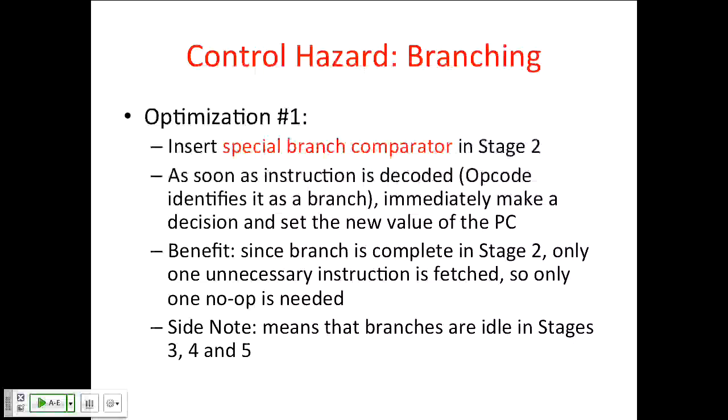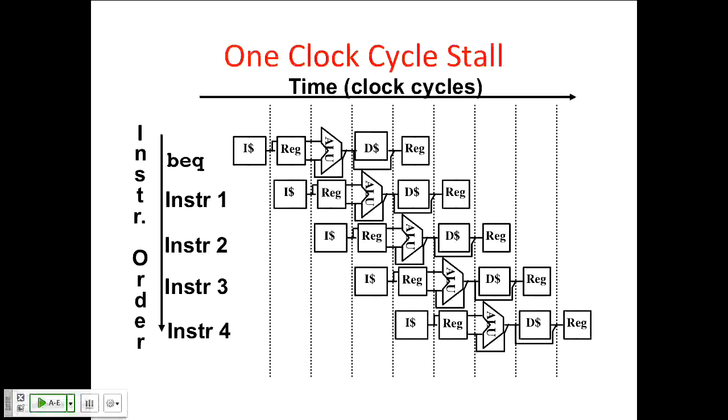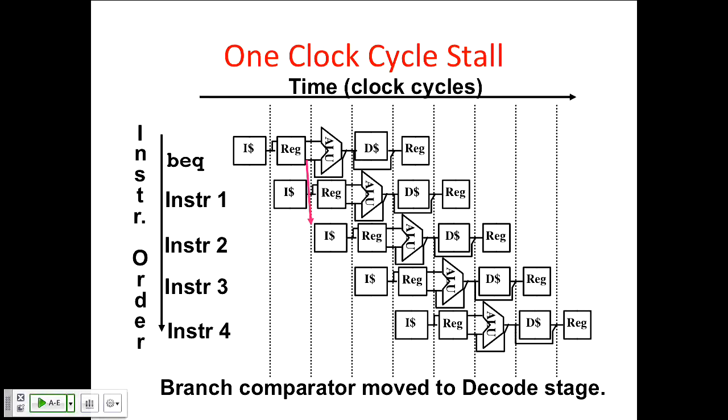One reason they did that is they could fit the branch comparator into the end of the decode stage, and this reduces the penalty. Instead of determining the branch condition here, they add a special circuit that does it as soon as the values are available at the start of this cycle. By doing that, you chop the penalty down to only 1 cycle. So you've halved the penalty by adding this extra circuitry.